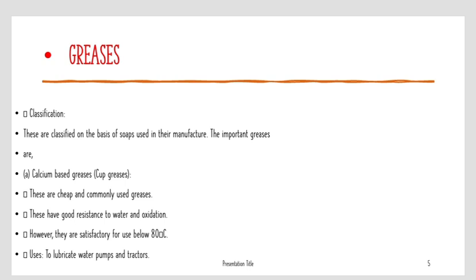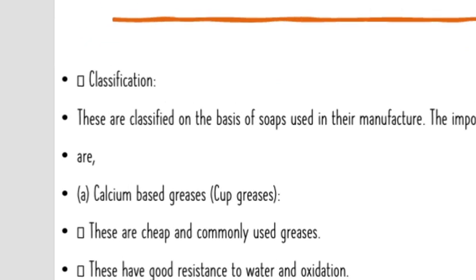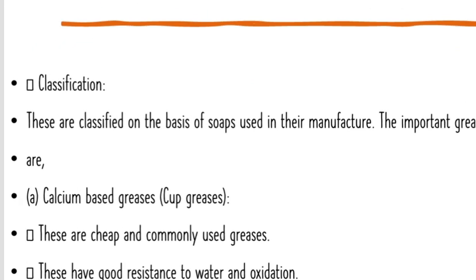Now it's time to know the basic concept of grease. Grease is classified on the basis of the soap used in its manufacturing. Remember students, semi-solid lubricants are based on soaps, and greases are based on the soap used in manufacture.